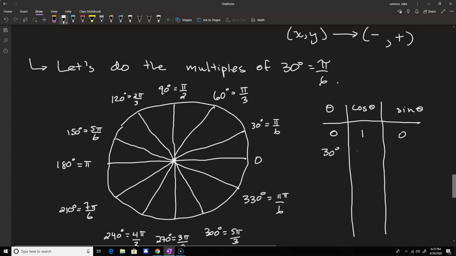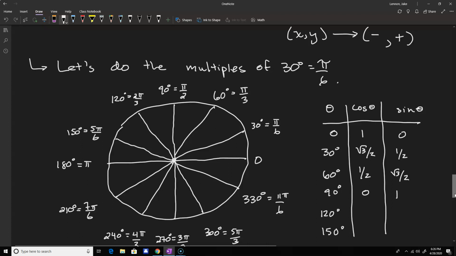The cosine was the longer side, square root of 3 over 2, and the sine was the shorter, 1/2. For 60 degrees, they just reversed: 1/2 for the cosine and square root of 3 over 2 for the sine. 90 degrees is right at the top, so the cosine of 90 degrees is 0, and the sine of 90 degrees is 1. Now we want to do 120 degrees and then 150 degrees.